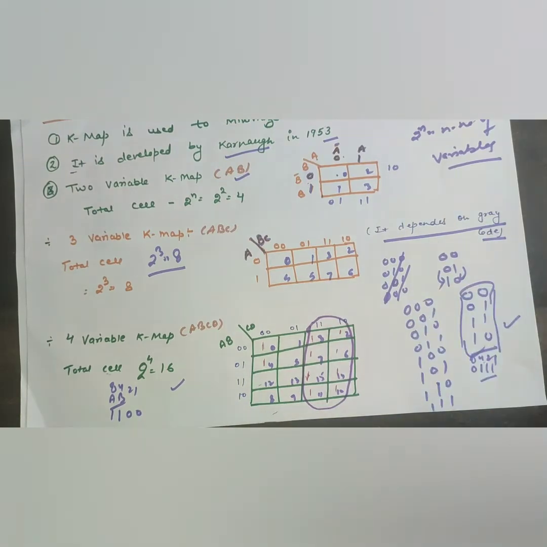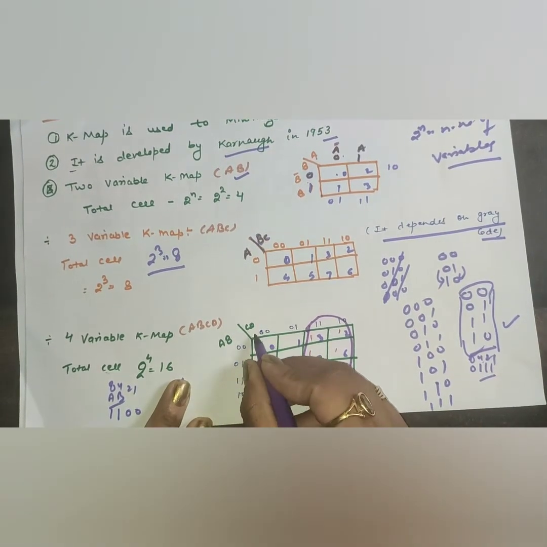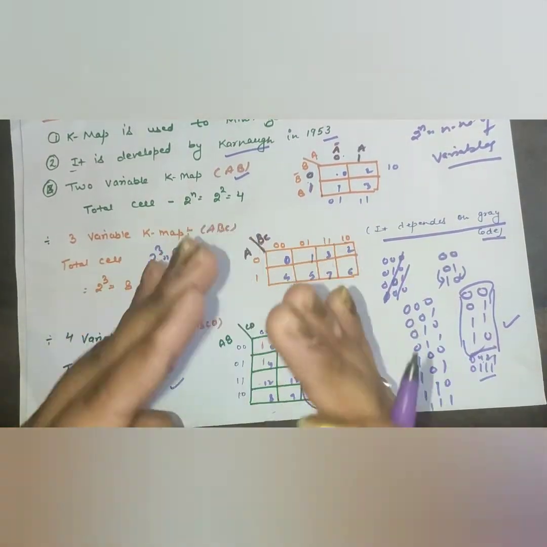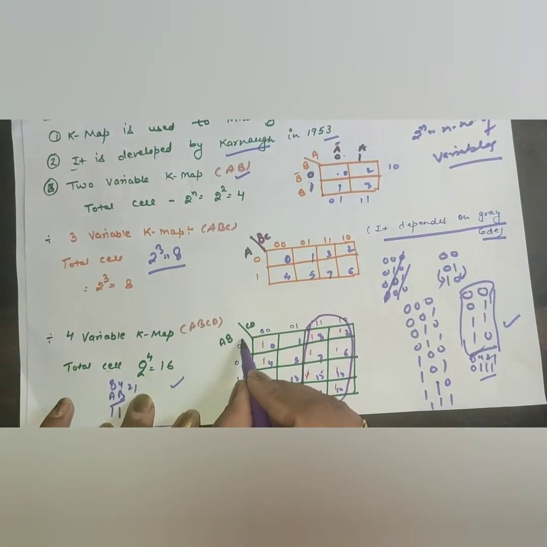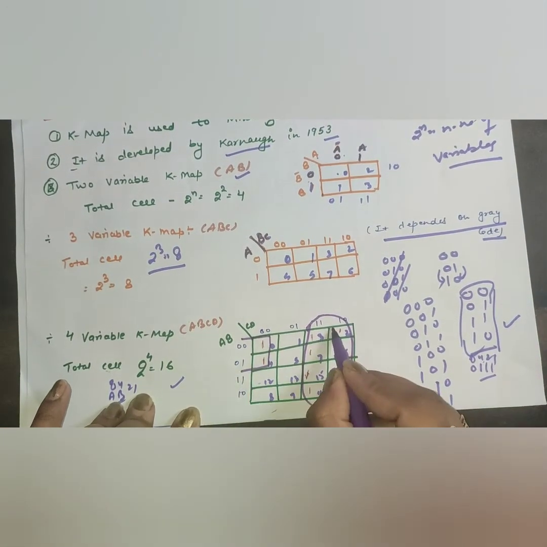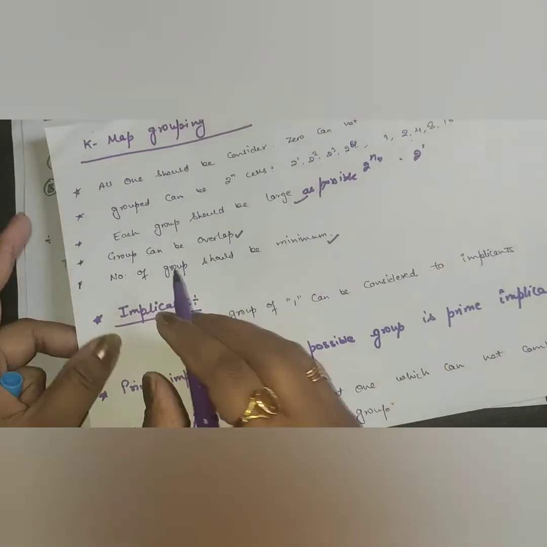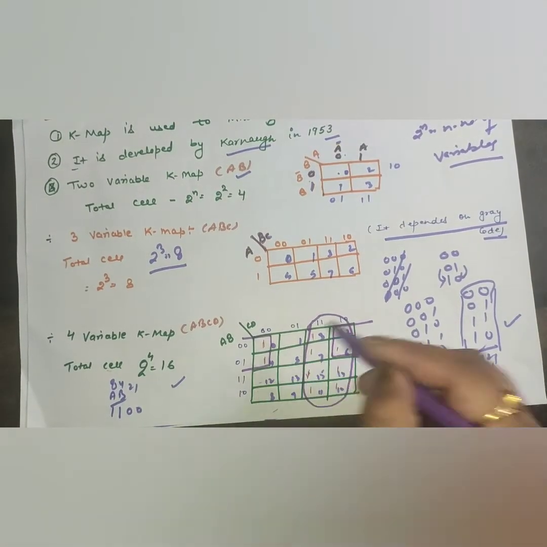So the group of 8 will be there, and one group can be this 2. But you can check this K-map has a folding possibility. So this 2 can be grouped with this 2. Another rule is that groups can overlap. So this is overlapping.